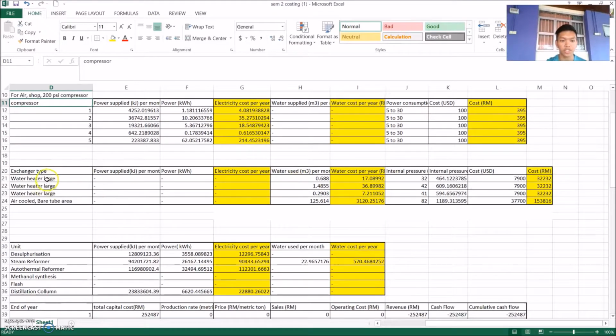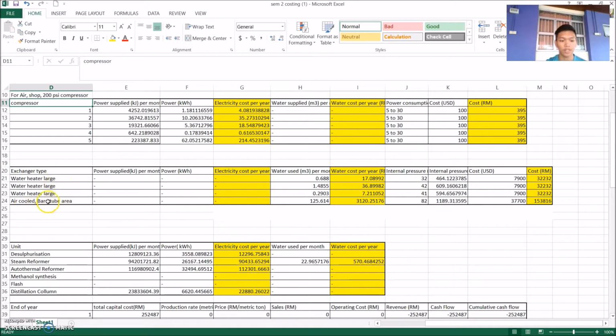Now for the exchangers, for our system we have 4 exchangers. 3 of them are water heaters and large in size. The function of these 3 is to increase the temperature.